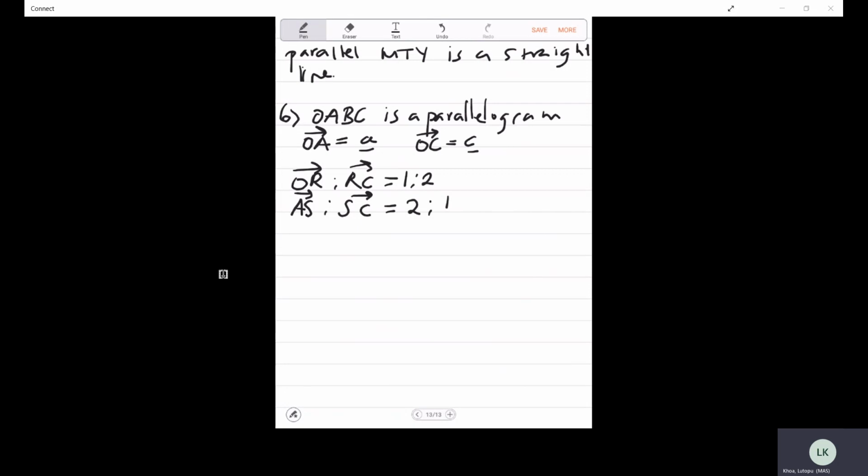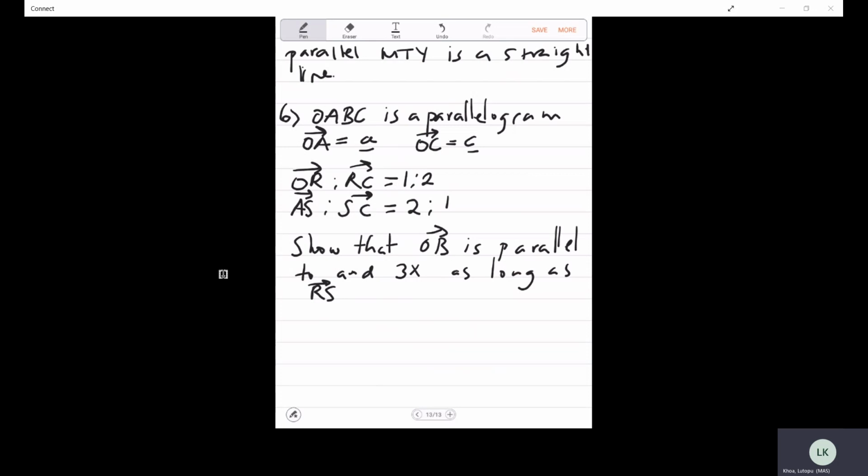Then we need to show that OB is parallel to and 3 times as long as RS. So that's what we need to show.